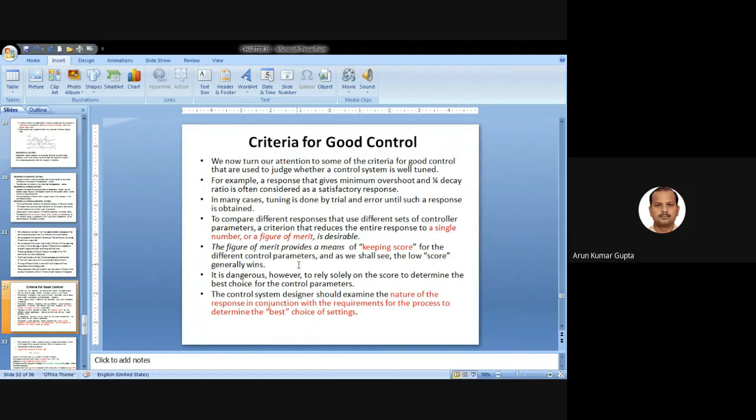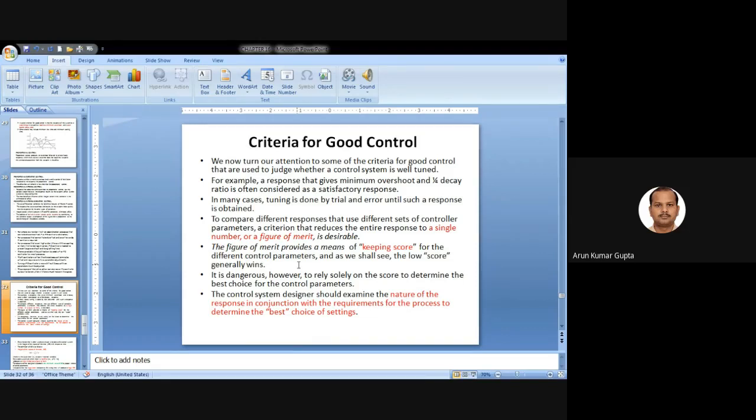If I put in a number for different variables and add all these things up, we are giving some score. So it is not that we are fixing some number; we are basically defining the overall response by a particular number.